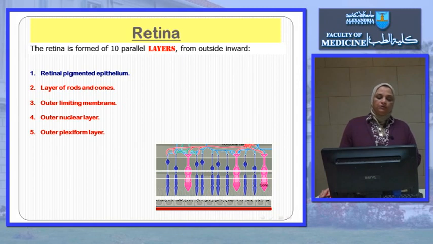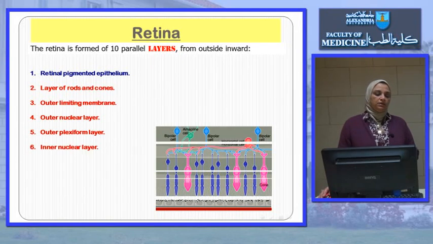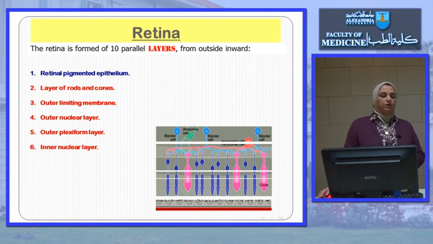So the outer plexiform displays the synaptic connections between axon terminals of rods and cones and dendrites of bipolar cells and horizontal cells. Again, notice outer nuclear, inner nuclear, and in between the outer plexiform, and then the inner plexiform. So from outside: retinal pigmented epithelium, rods and cones, outer limiting membrane, outer nuclear, outer plexiform, then we'll go to the inner nuclear.